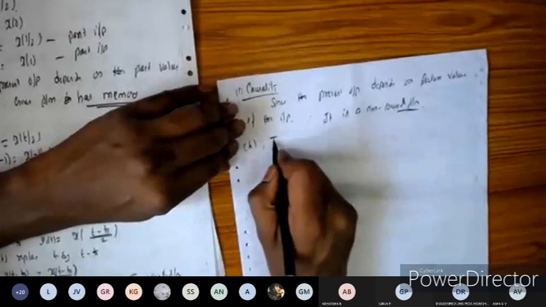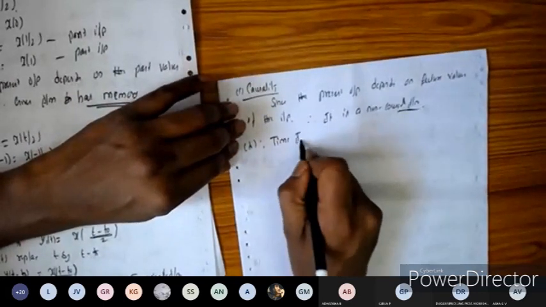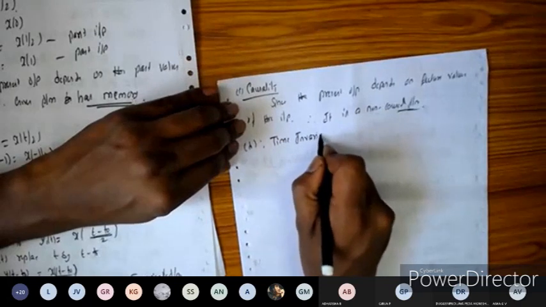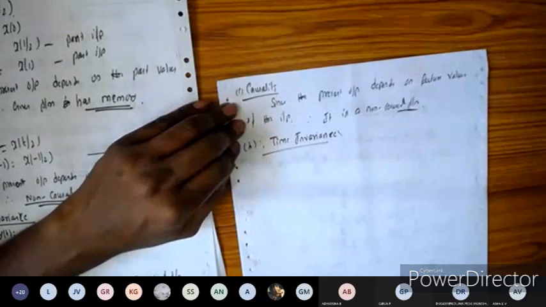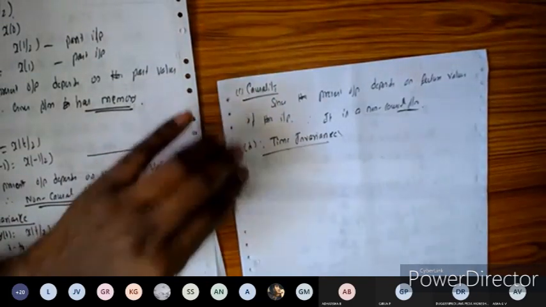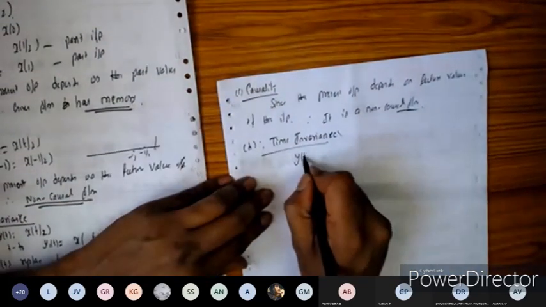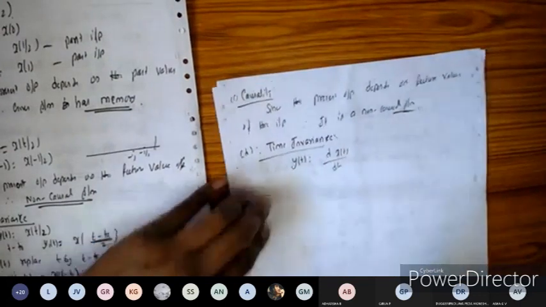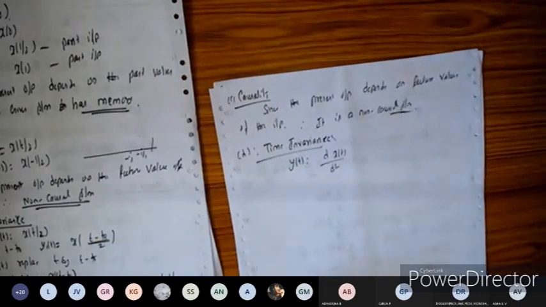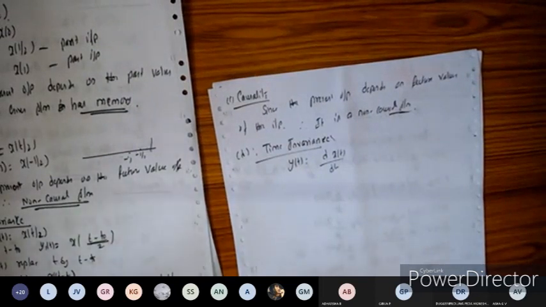Okay, the other one is time invariance. Let us check it here. Any doubts in any of the properties? If you have any doubts, you can ask me. The system is y of t equal to dx of t divided by dt. For time invariance, you verify the property by replacing t by t minus t naught.